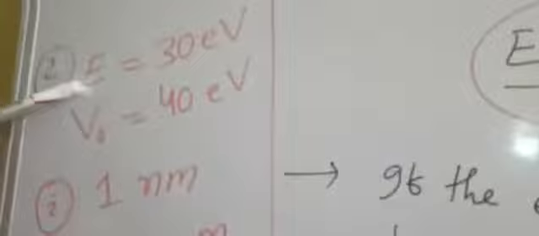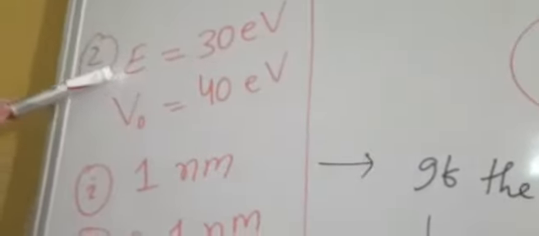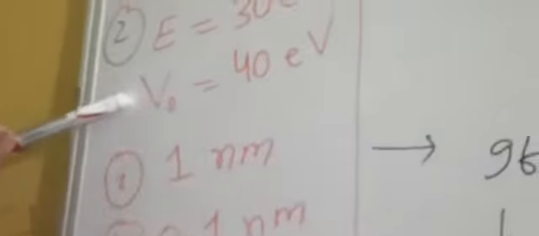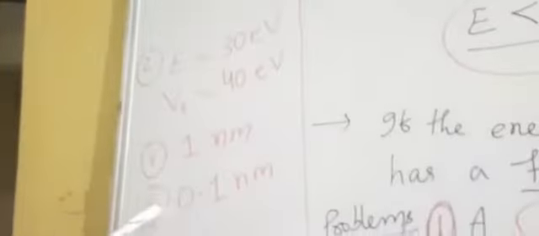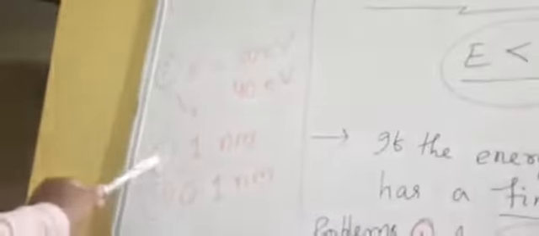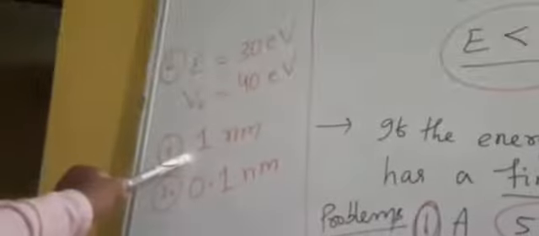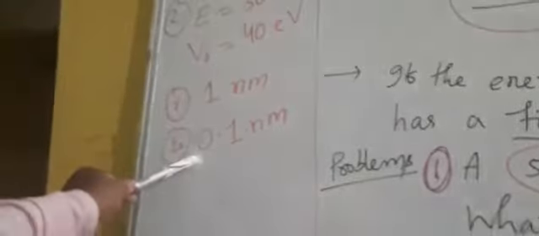Now one assignment for you based upon this problem. The same problem, just change the values. Take the energy of the particle E equal to 30 electron volt, barrier height 40 electron volt, and again discuss two cases: barrier width 1 nanometer, and barrier width 0.1 nanometer.